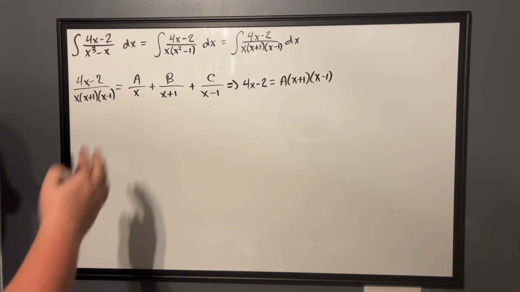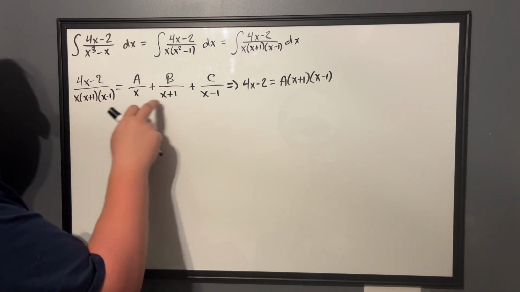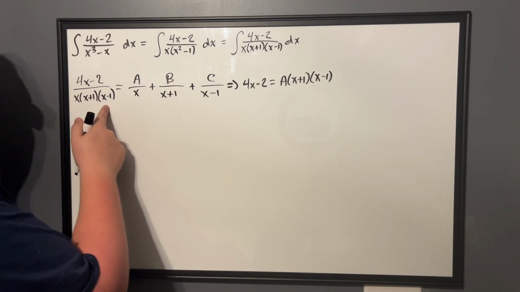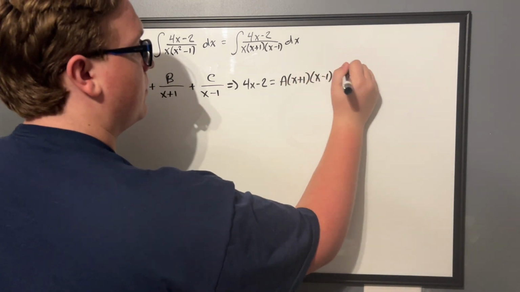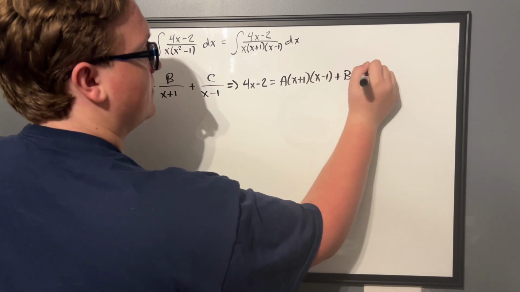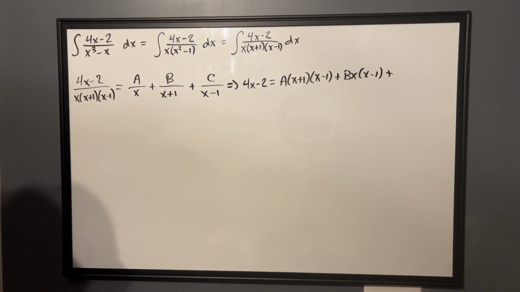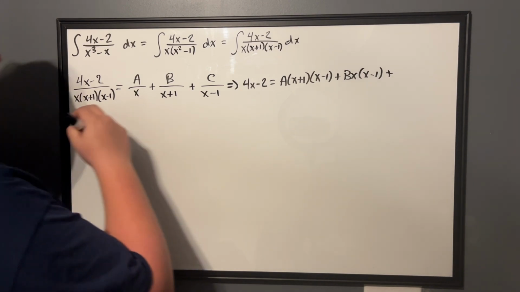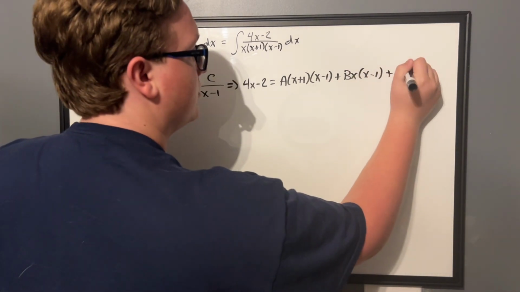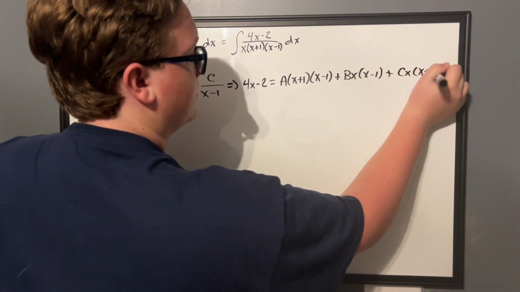In the B fraction, we can cancel out the x plus 1 when we multiply, so it's plus Bx times x minus 1. And with the C fraction, we cancel out the x minus 1 term, which means we have Cx times x plus 1.